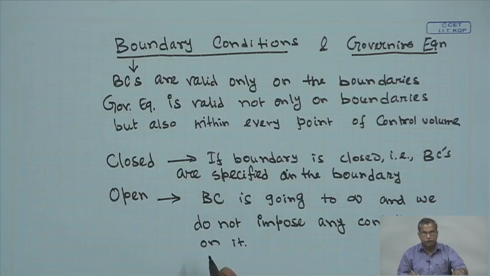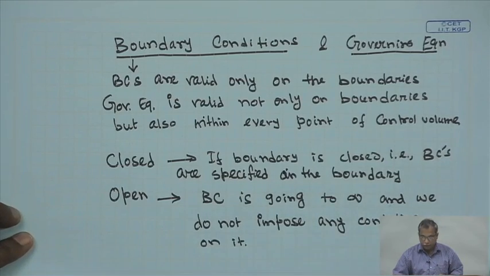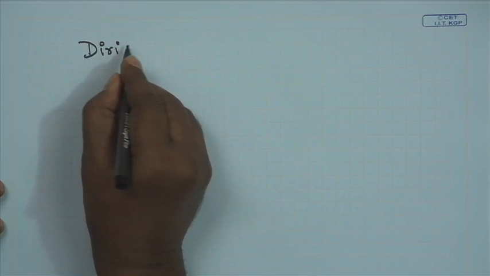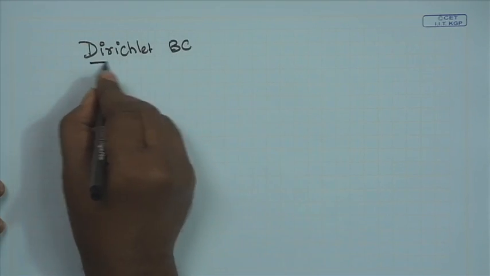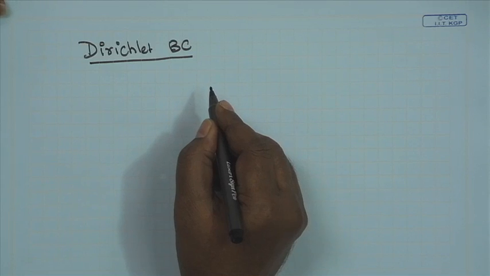Now, let us look into the different types of boundary conditions one may come across during the solution of partial differential equations. There are various categories of boundary conditions, and we will be discussing each of these categories in detail. So, the first category is known as the Dirichlet boundary condition. What is a Dirichlet boundary condition?